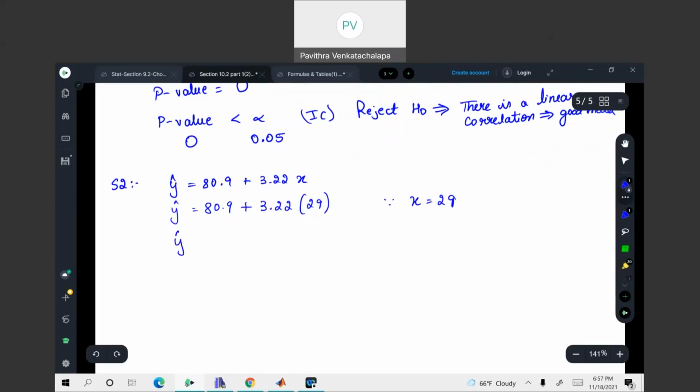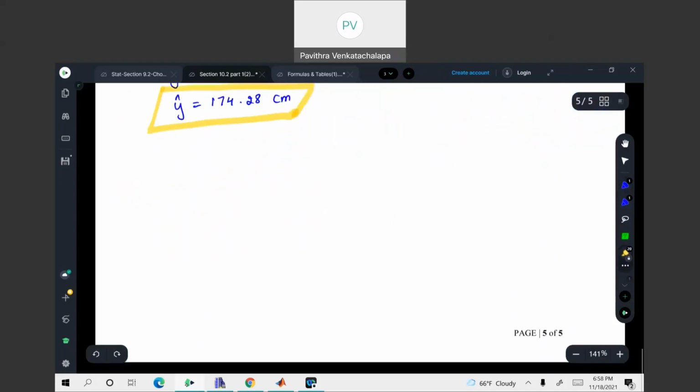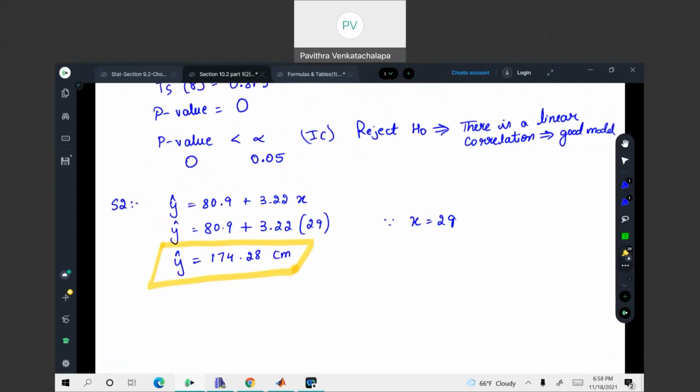When you do this in your calculator, you have to get the answer as 174.28 centimeter. That's your answer. Okay, so this will complete section 10.2, regression.